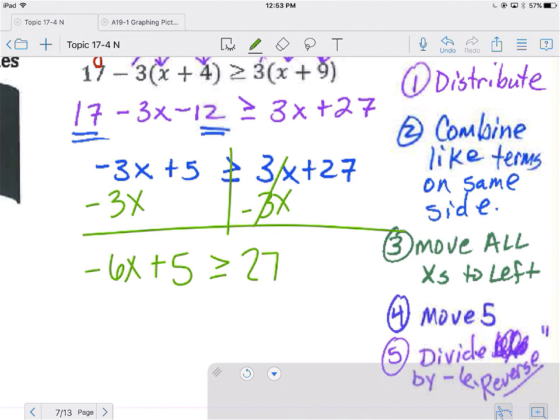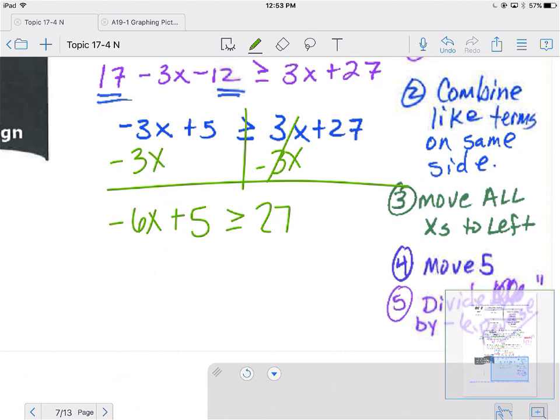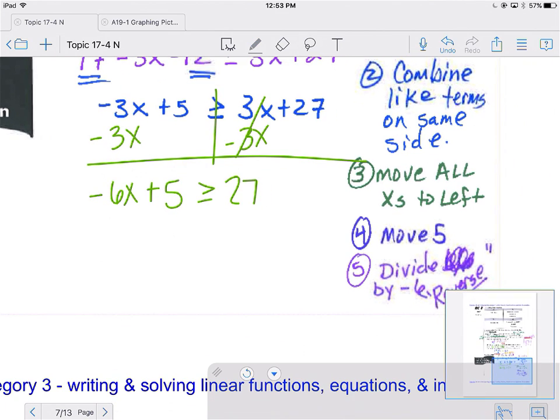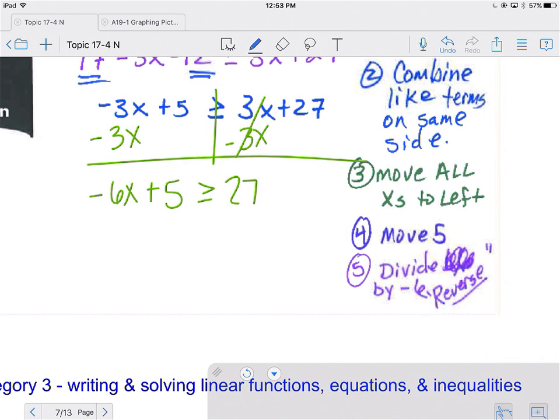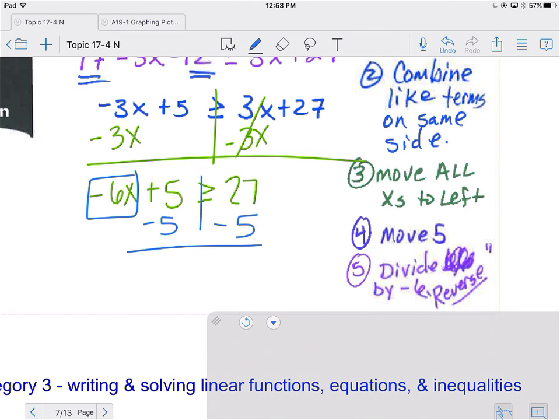Once we get our answer and we read our answer, it is easier if your x's are on the left side. But it does not matter truly once you get your answer. But most of the EOC answers, the x's are going to be on the left side, which is probably why they're doing this. The fourth step is to move 5 to the other side.